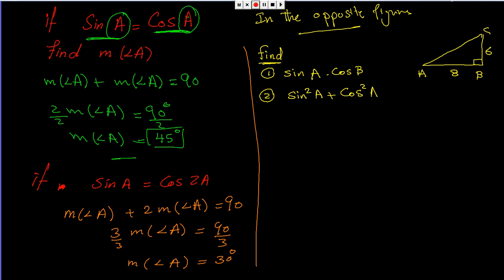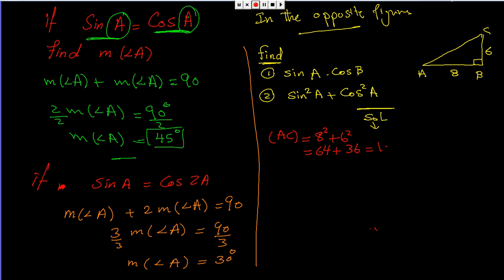Let's see the solution. First, from Pythagoras, AC equals 8 power 2 plus 6 power 2, which is 64 plus 36, which is 100.